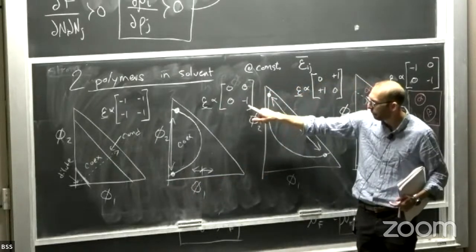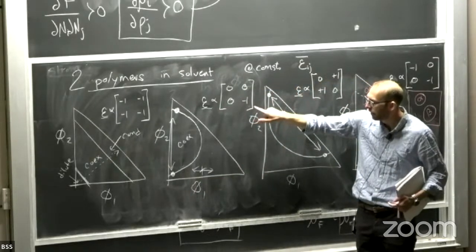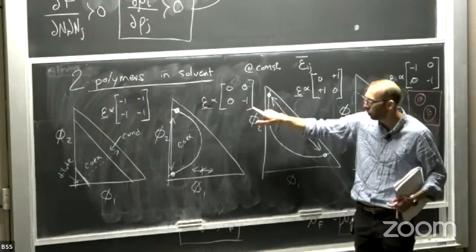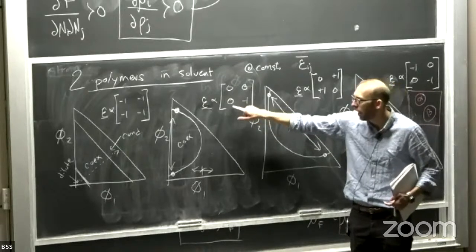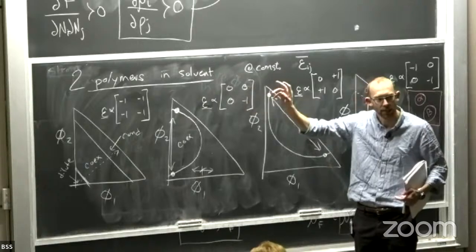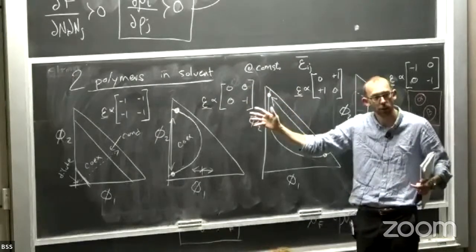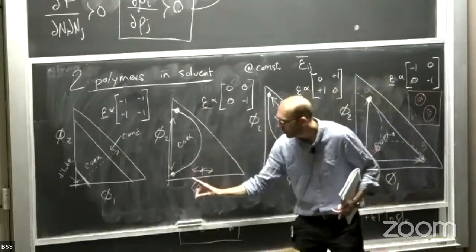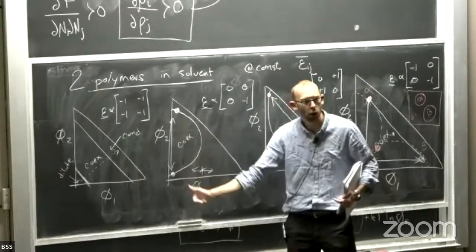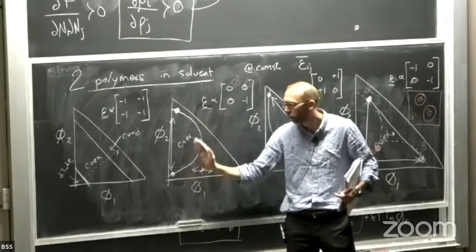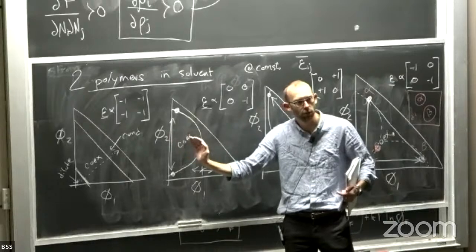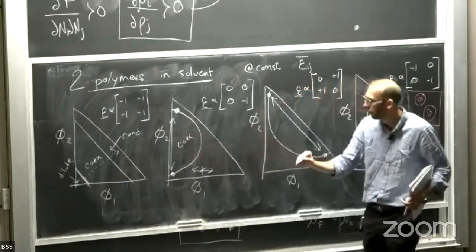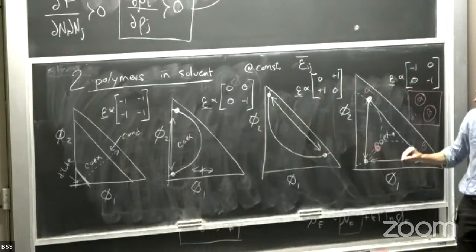Here, the picture is simply that only polymer 2 is going to want to phase separate. The other ones are 0. And we said the convention is that 0 means you're the same as the solvent, right? So the phase separation has to go in the direction roughly parallel to phi 2. That's the only obvious possibility.